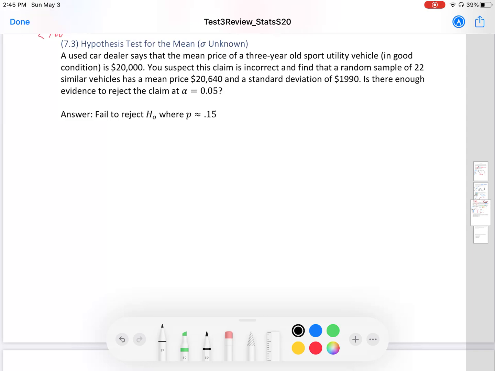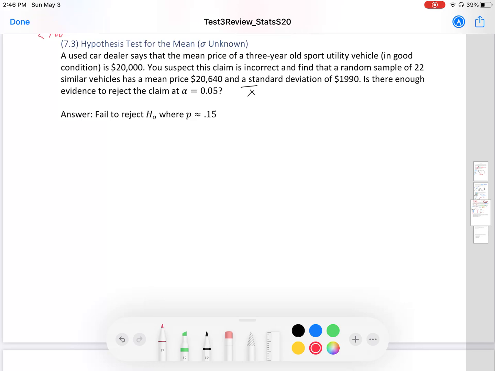You suspect this claim is incorrect and find that a random sample of 22 similar vehicles has a mean price of $20,640, with a standard deviation of 1,990. Is there enough evidence to reject the claim at a significance level of 0.05?